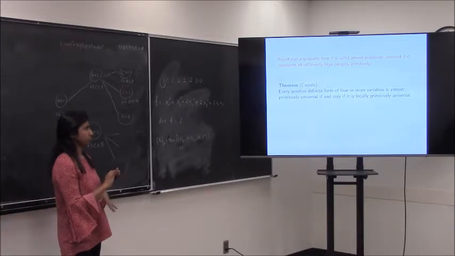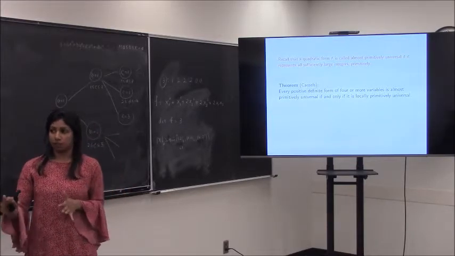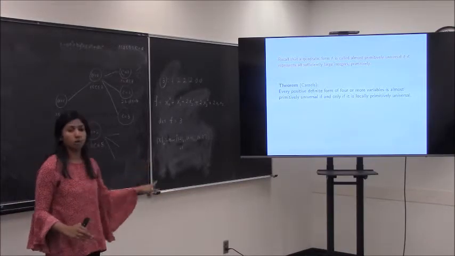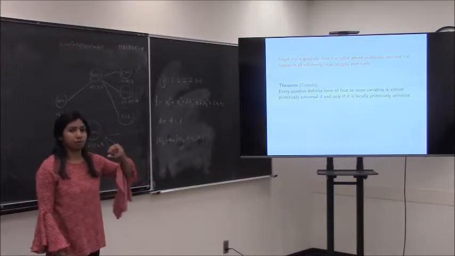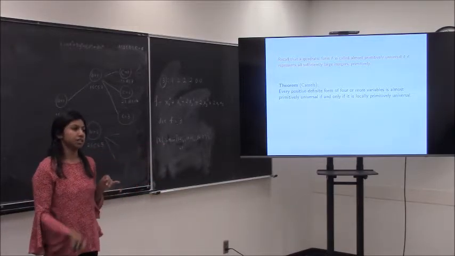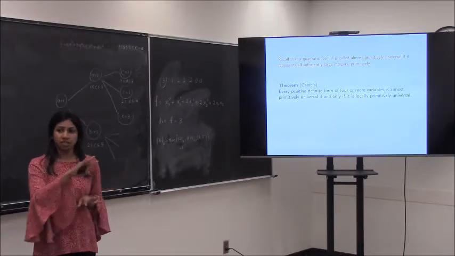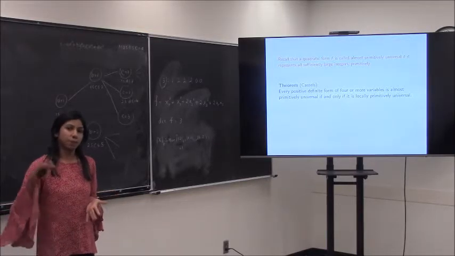So if you are given a quadratic form which is locally primitively universal, then this is going to be almost primitively universal. What does locally primitively universal mean? It means you have to have this quadratic form primitively universal at each prime p.